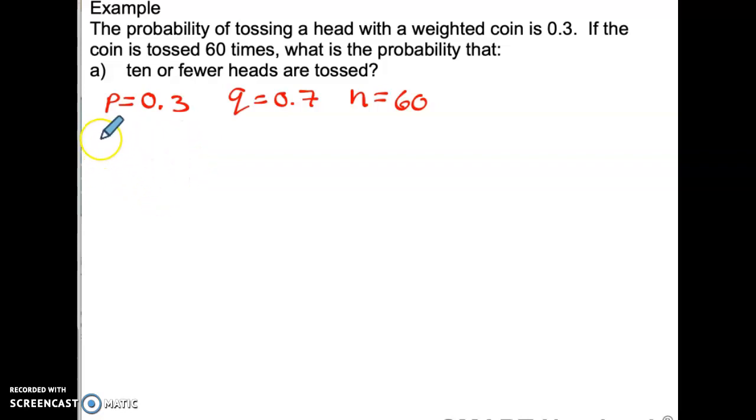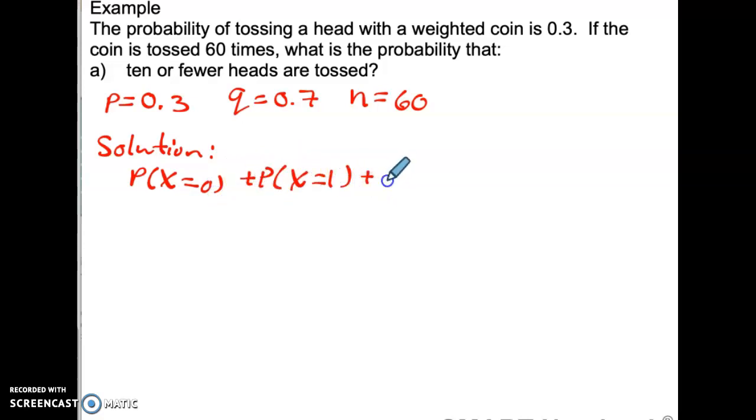So there's two ways that you could do this. Okay, solution 1 is that you could do it the unit 4 way, where you find 10 or fewer heads means there could be 0 heads, plus the probability that there is 1 head, plus the probability that there's 2 heads, all the way up to the probability that x equals 10. Okay.